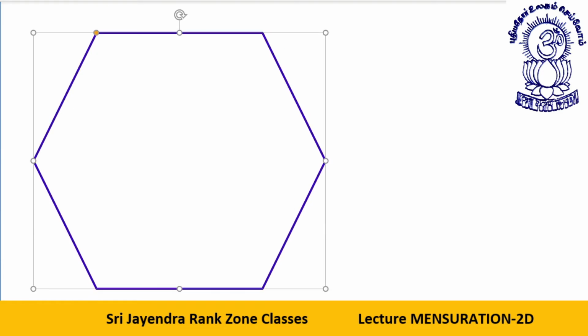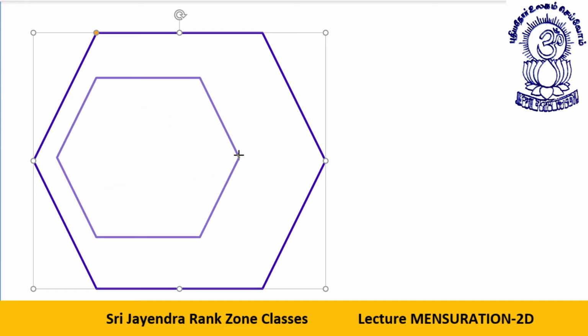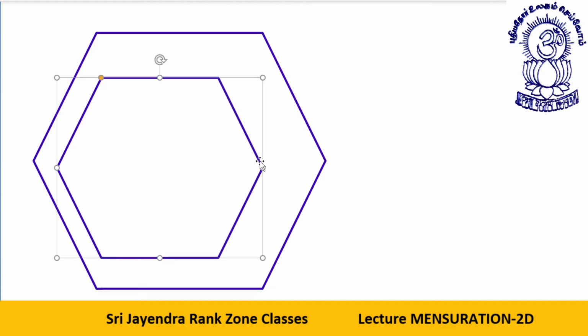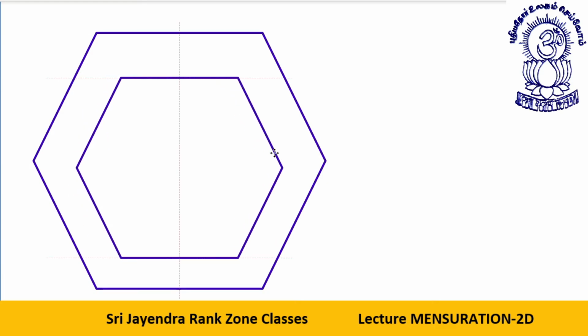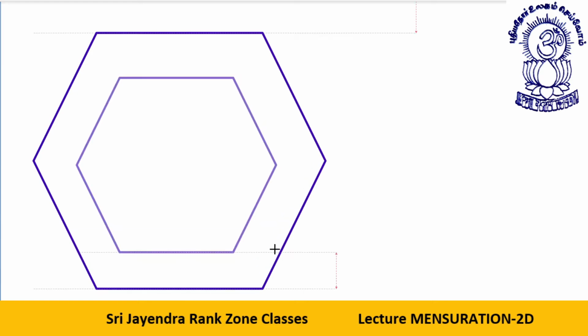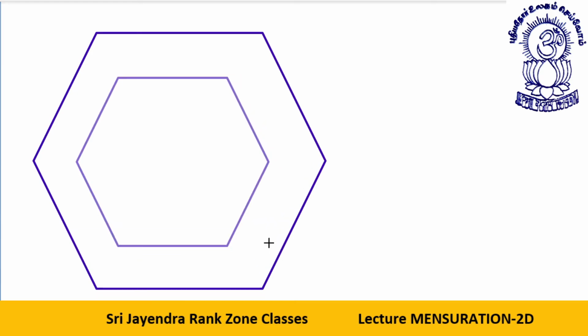I take another hexagon, hexagon number 2. In fact, I should take it a bit smaller. Okay, like this. The distance between the parallel sides, dear students, remember this distance is 4 root 3. This distance is 4 root 3.